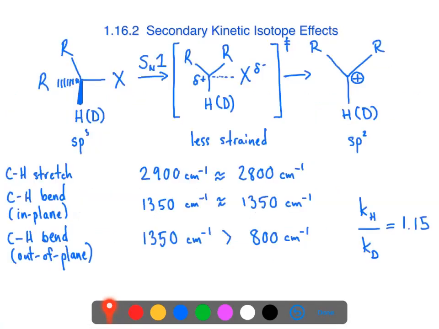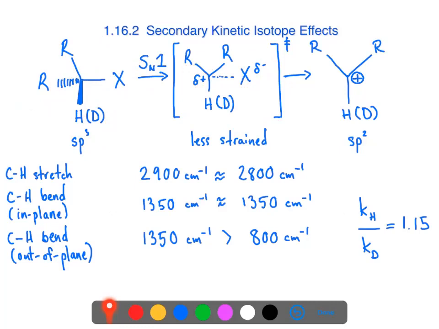So let's look at this example more closely as to where this secondary kinetic isotope effect arises from. So we have our alkyl halide, and this is the CH-CD bond that we're interested in. We're developing a partial positive charge on the carbon and a partial minus charge on the outgoing halide. Note that this carbon-hydrogen bond is not directly involved in the bond breaking event.